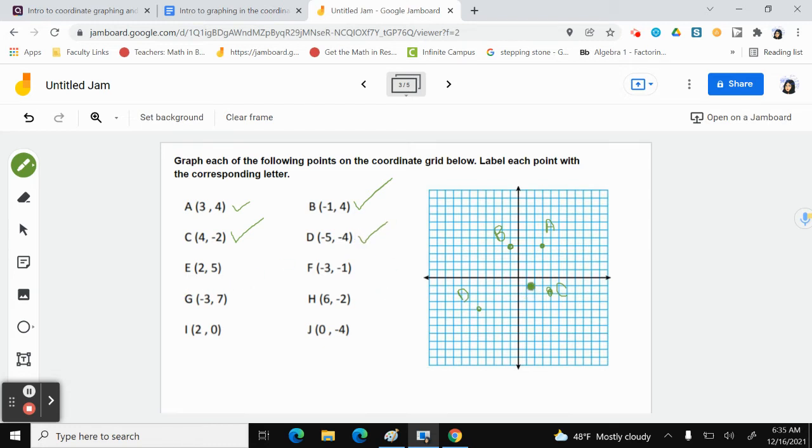E, (2, 5). 1, 2 right. 1, 2, 3, 4, 5 up. F, (-3, -1). Starting here. 1, 2, 3 left. 1 down.